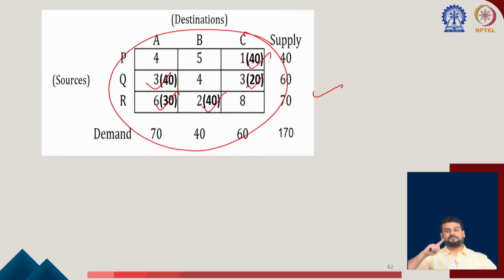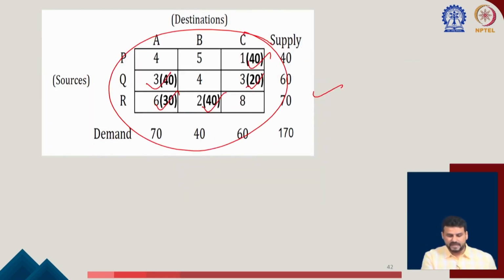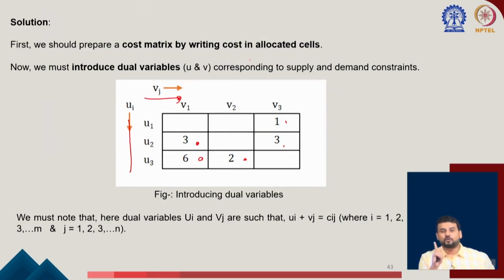Occupied means where we have done the allocation. So we are not considering other cells, we are just considering these occupied cells. We will calculate the ui's and vj's for all occupied cells, and then we will do the cell evaluation for all unoccupied cells, right?